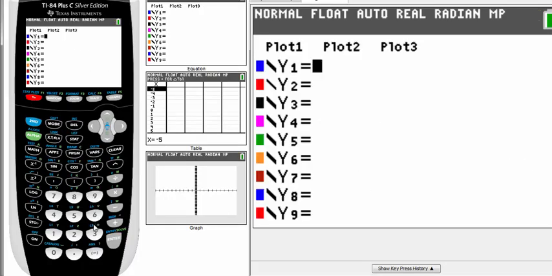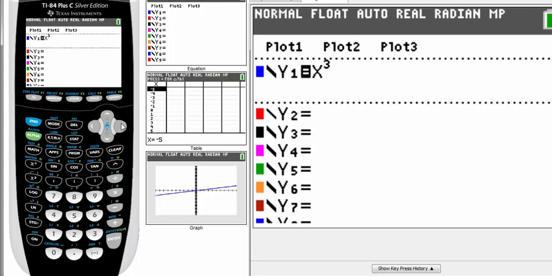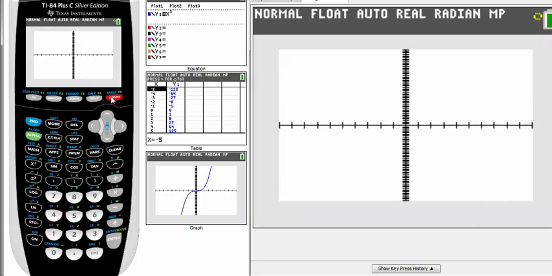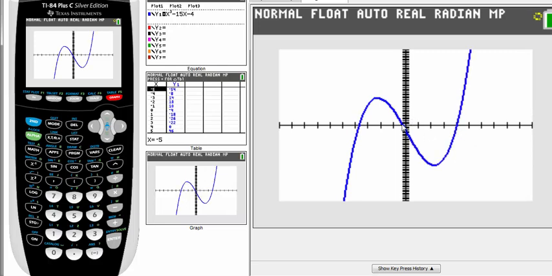I foolishly erased our graph, which was x cubed, x to the third, minus 15x minus 4. Okay, so we found this one already. The one I think we found between 0 and negative 1 is here, and between negative 3 and negative 4 is here.